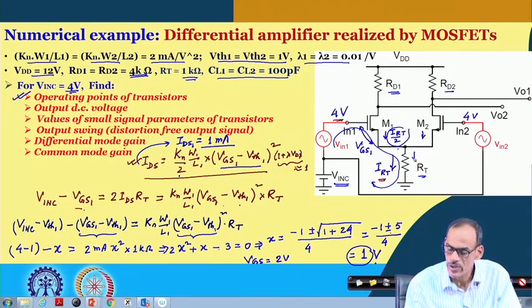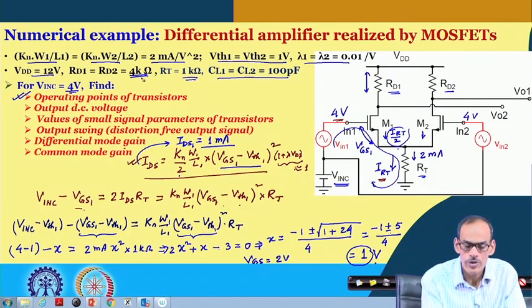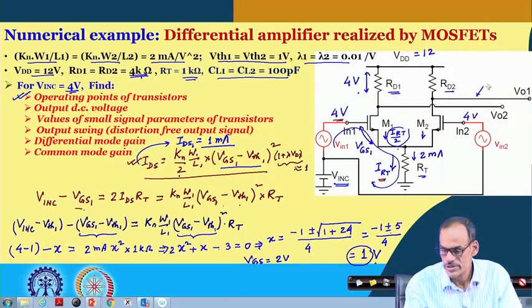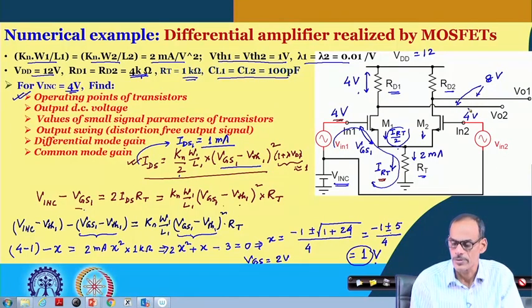So, the current flow here is 2 milliampere. So, that gives a drop here of 4K multiplied by 1 milliampere, so that is a 4 volt drop. So, we do have 12 volt supply minus 4 volt, and that gives the DC voltage here as 8 volt, and this is also a DC voltage of 8 volt.